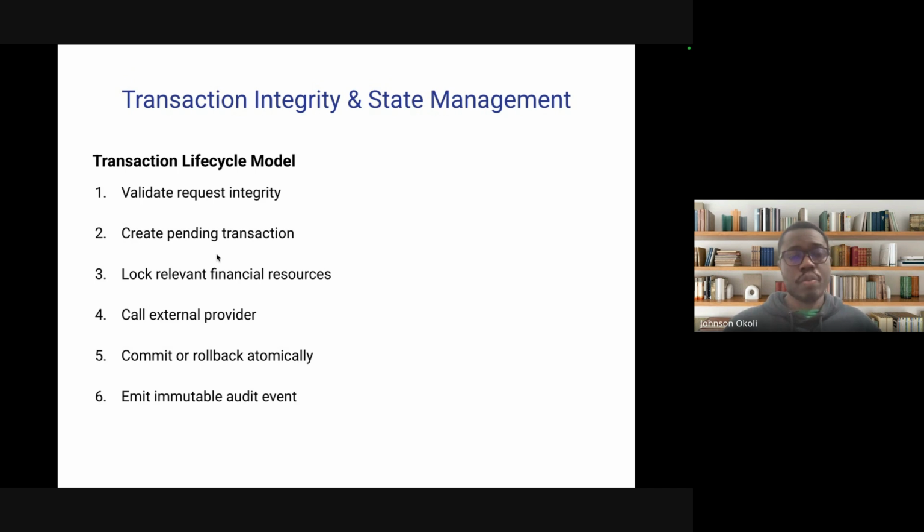Then by default, you mark that transaction as pending, and you lock other financial sources. For instance, someone is trying to top up the wallet, you have to lock other instances, more like the person's ledger or the person's related models, so as to prevent conflict or racing.